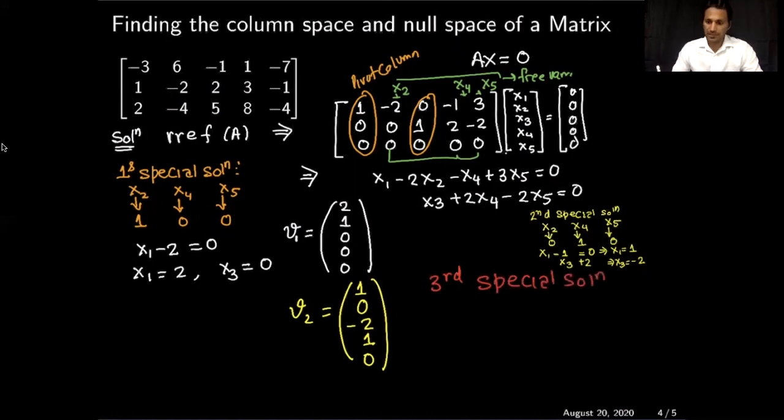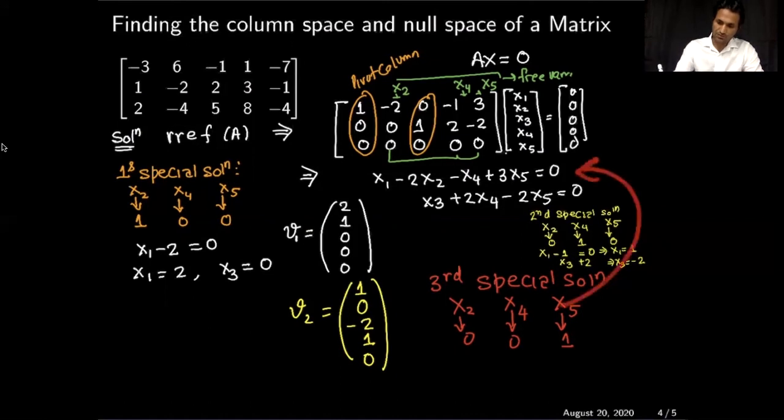To calculate the third special solution, you assign x2 to 0, you assign x4 to 0, and this time you assign x5 to 1. So basically you keep switching 0 and 1 between x2, x4, and x5. Again, if you plug this back into this system, these two equations, your solution this time is x1, x2 is 0, x4 is 0, x5 is 1, so x1 plus 3 times x5 is equal to 0.